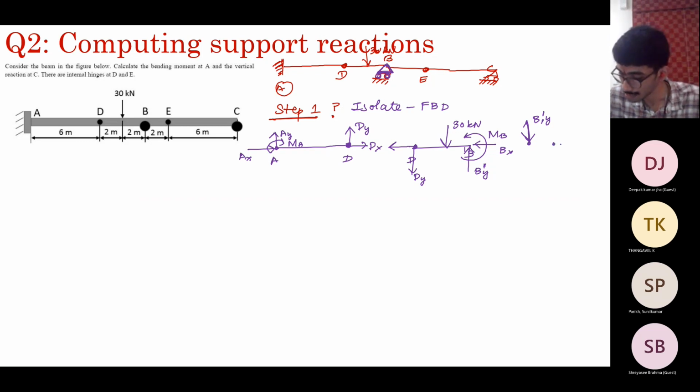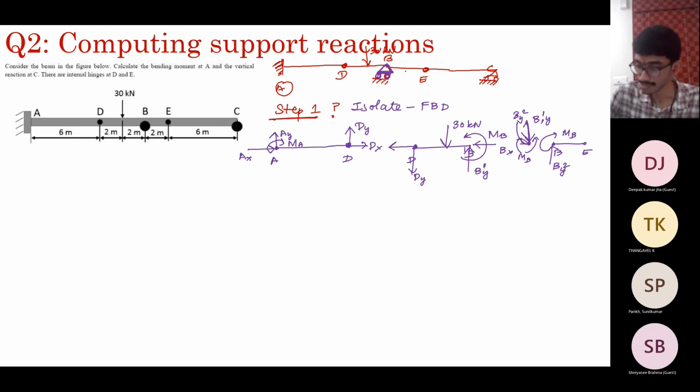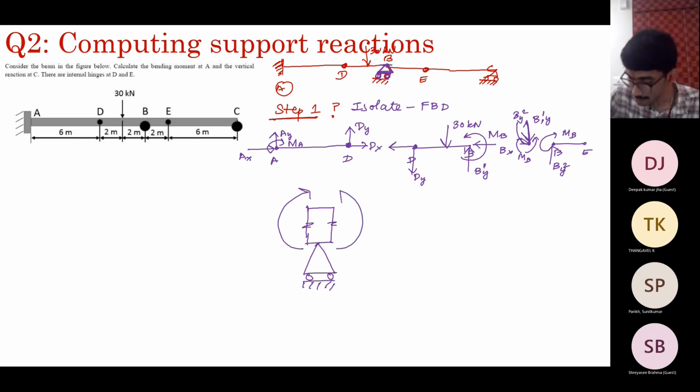And on the right part, that is BE, you will have BY2. So you'll have BY2 also acting on the same point. Not only that, there will also be this moment MB. Since the beam is continuous, if you take a very small, infinitesimally small section of the beam above this support, the moment that acts on both sides of the joint will be equal.